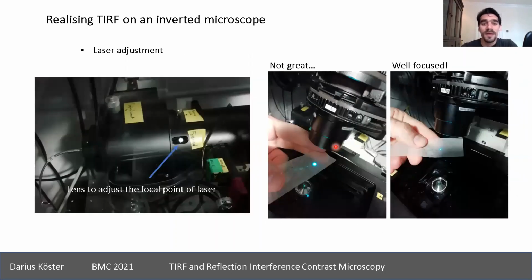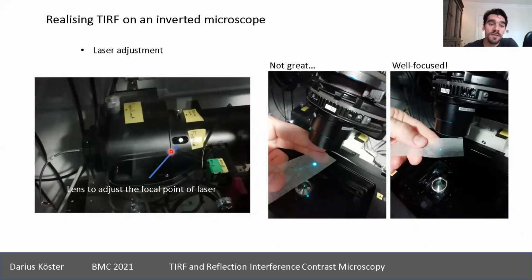All right. Then one other important point is to make sure that your laser beam is properly focused and looks proper. Because again, any impurities in the laser beam, or when it's not properly shaped and there's some speckle of dust somewhere in the pathway, that can really ruin your imaging field.